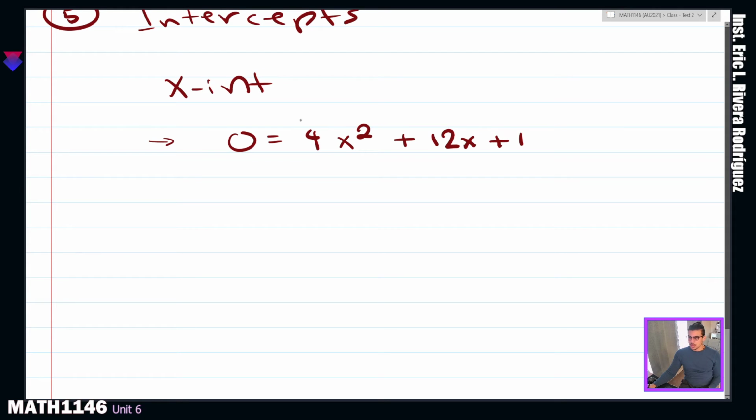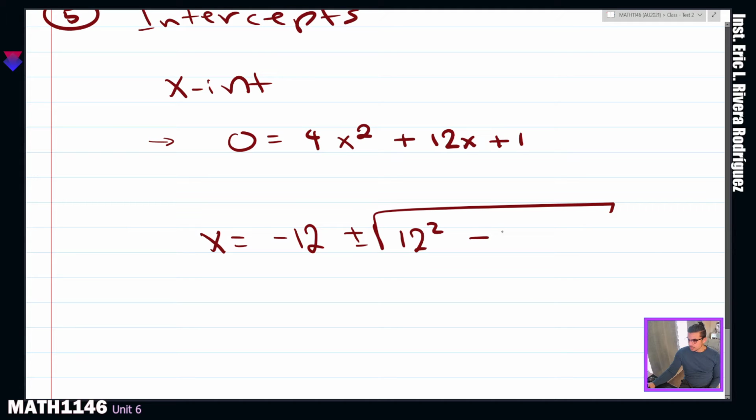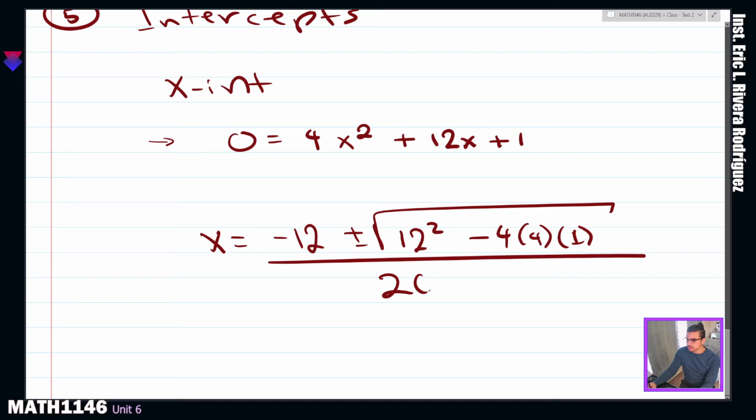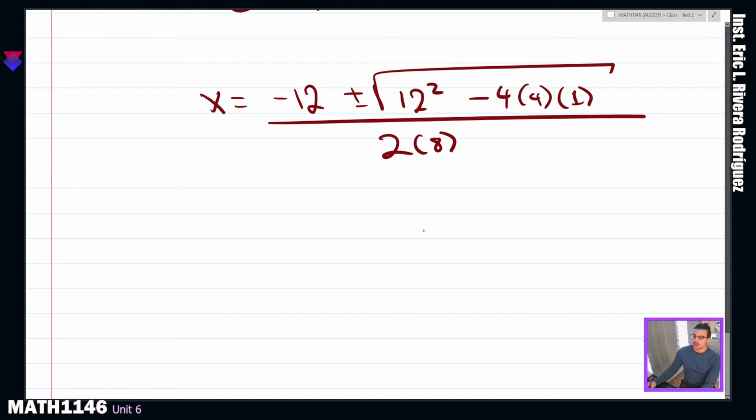So in order to solve this equation, we need to use the quadratic formula. Okay, so we have here the quadratic formula, and I'm going to solve it.